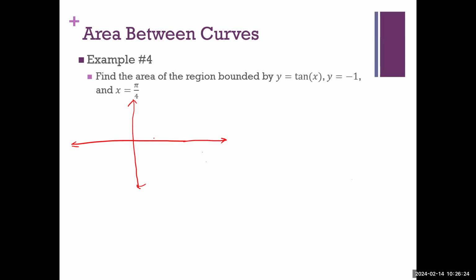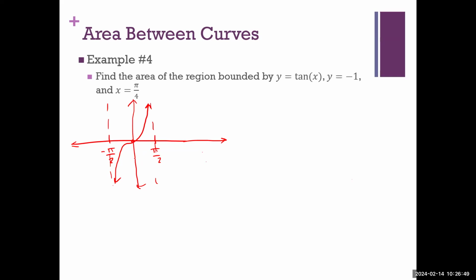So asymptotes at pi over 2, negative pi over 2. Let's just do one kind of curve in here too. Maybe that's all we need. If we need more, I'll draw more. But tangent sort of looks like this. Let's do better. So that's what the tangent looks like.